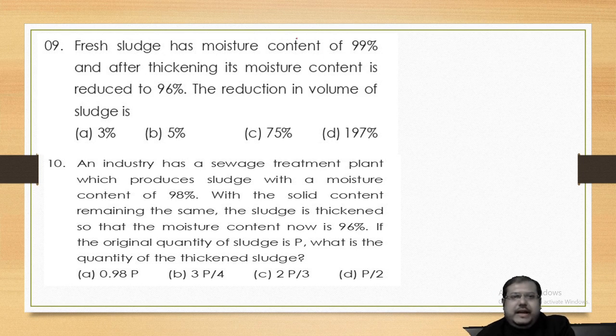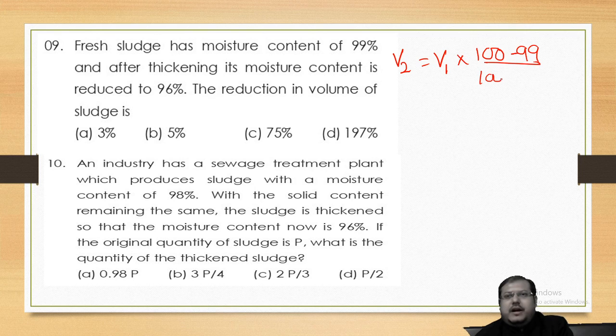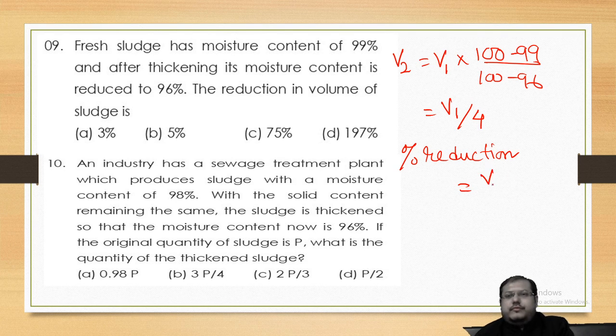For question number 9, V2 will equal V1 into (100 minus 99) by (100 minus 96), which is V1 by 4. So percentage reduction equals (V1 minus V2) by V1 into 100.